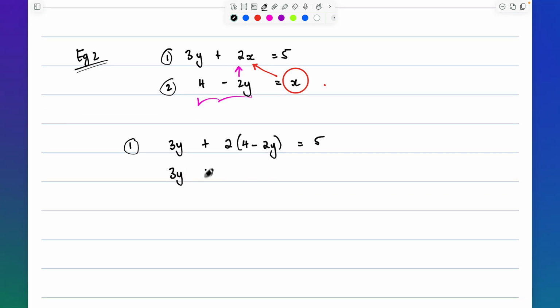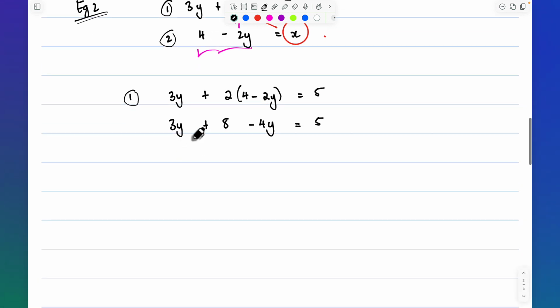So that becomes 3y plus 2 times 4 is 8. Positive 2 times negative 2y becomes negative 4y. That's equal to 5. Then we're going to group our like terms, so 3y minus 4y gives you negative y, plus 8 is equal to 5.